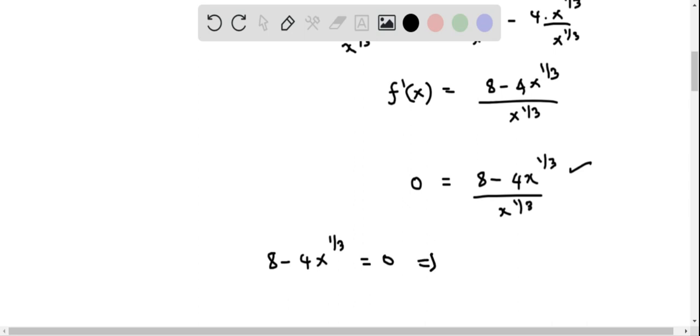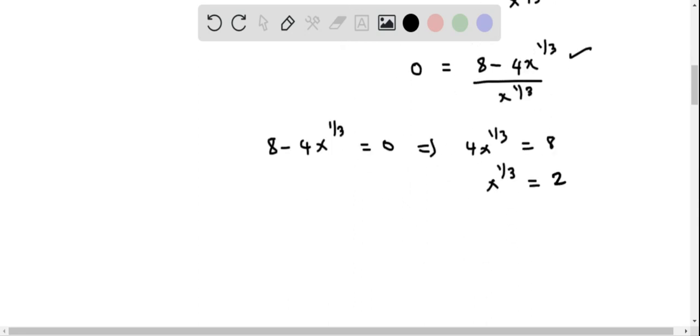Solving this, we get 4x^(1/3) equals 8, or otherwise x^(1/3) equals, dividing by 4 on both sides, we get 2. So we cube both sides, that is x^(1/3) cubed, and here also we cube it, it is 2 cubed. So these two will get cancelled, leaving us x. This equals 2 cubed, which is 8.